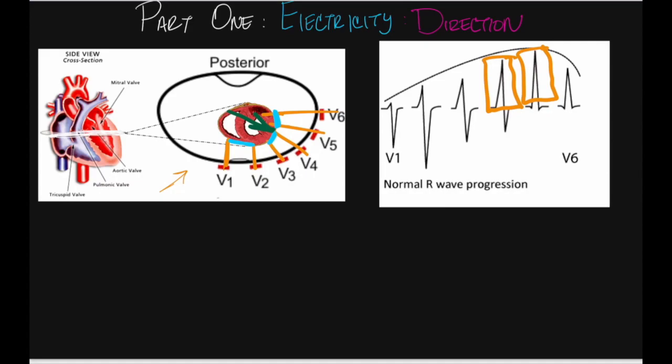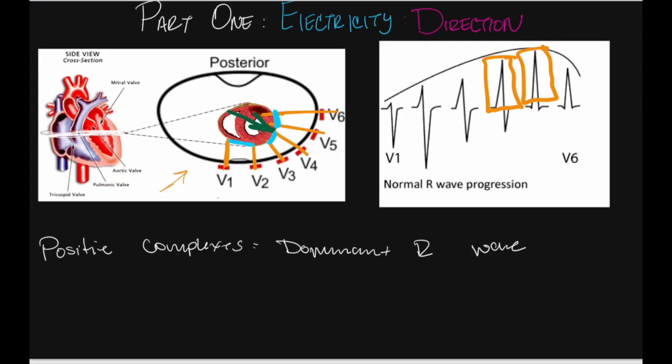And we know that predominantly positive complexes means we have a dominant R wave. And so we see that average electrical movement towards that V4, V5 range gives us those dominant R waves. And as we move away from those areas, our R wave decreases.